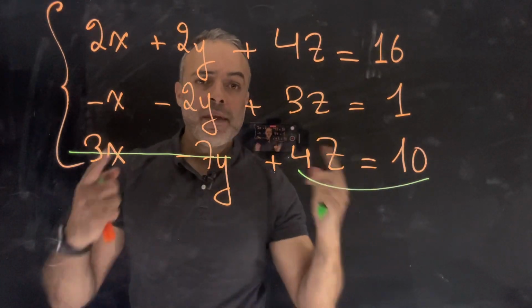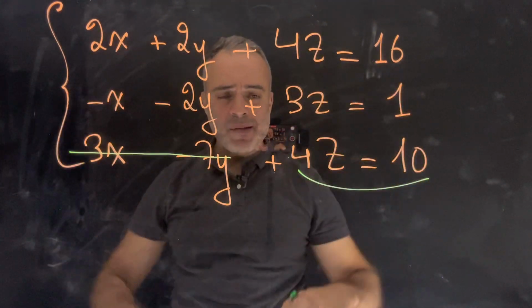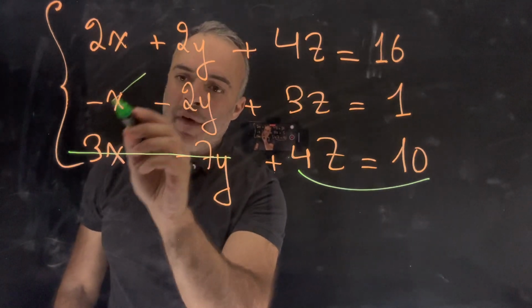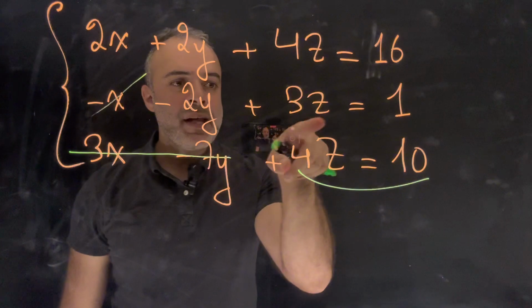Cool. Then, in the row just before, if I was able, again in some way, to get rid of X, so I'm only left with Y and Z.